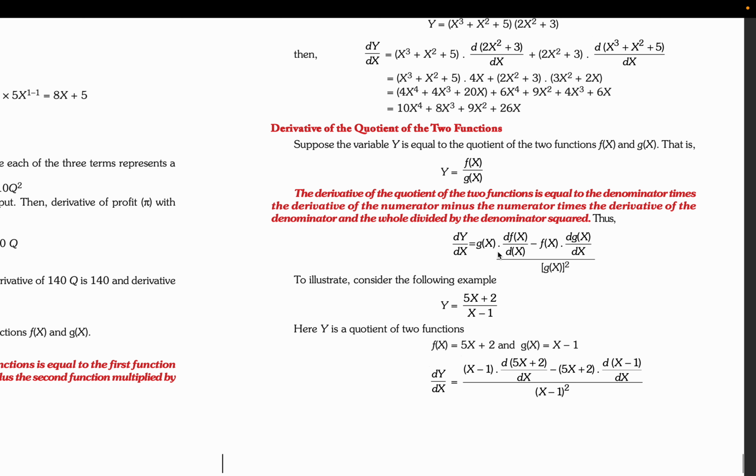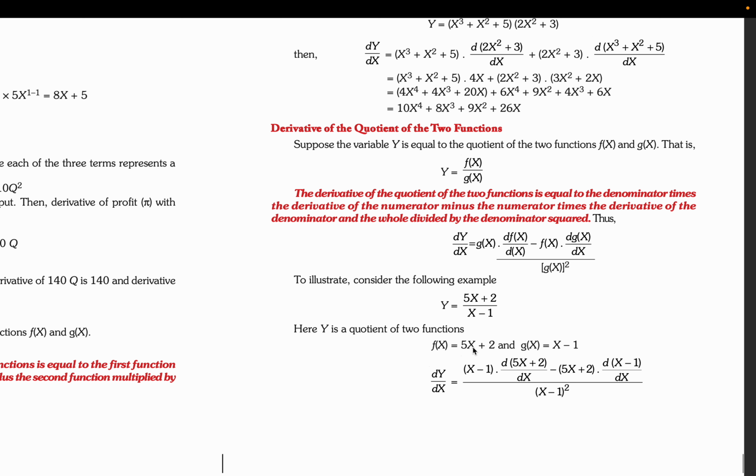If you want to learn this as a formula, you need to revisit this or mark this or write it down somewhere, but the denominator is kept as it is, and then the derivative of the numerator is taken, then you subtract, the numerator is kept as it is and the denominator is differentiated, and all of that value is then divided by the denominator squared.